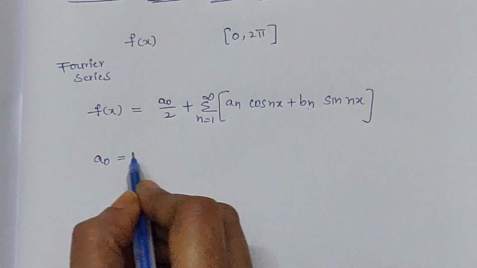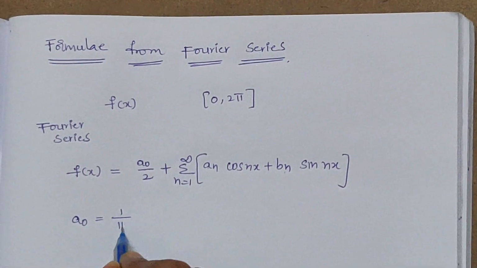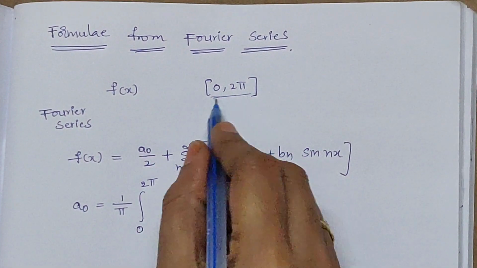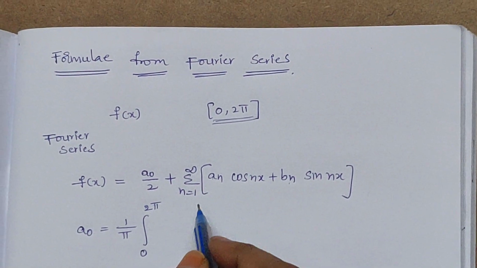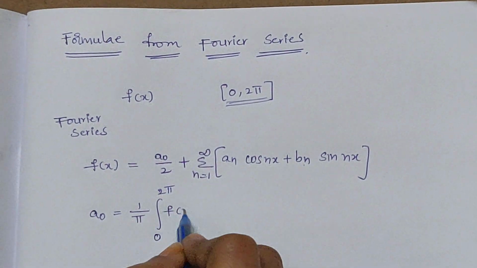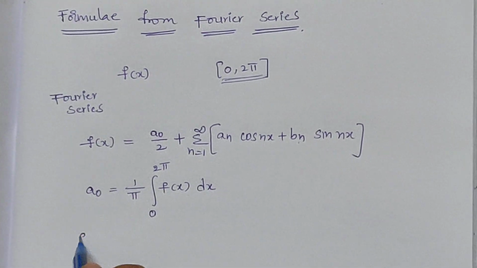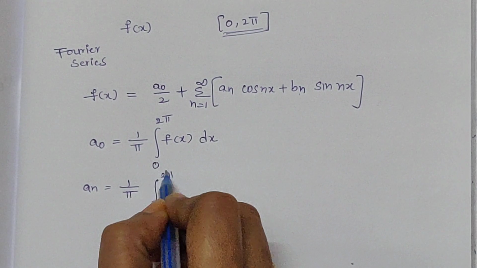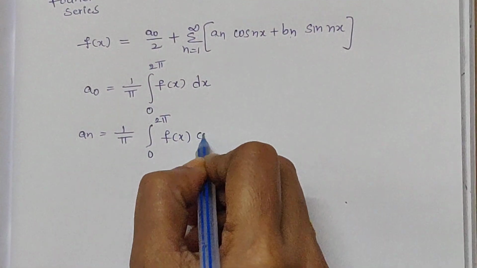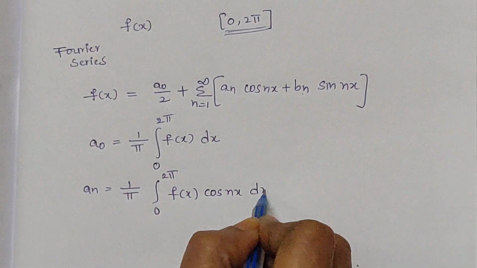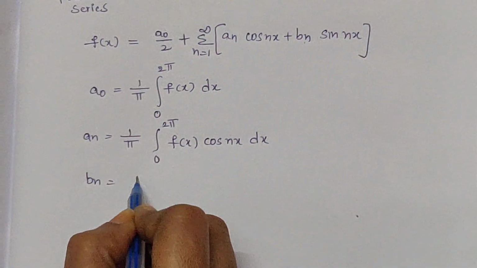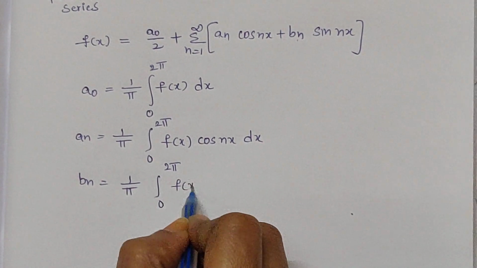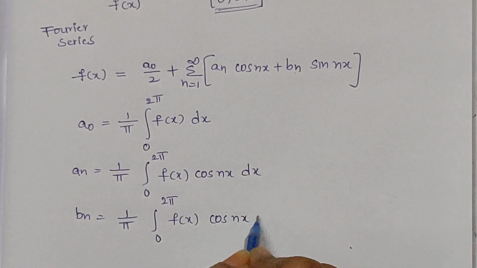The formulas are: a0 equal to 1 by pi, integral limits from 0 to 2 pi since the function is defined in the interval 0, 2 pi, f of x dx. an equal to 1 by pi, integral 0 to 2 pi f of x cos nx dx. bn equal to 1 by pi, integral 0 to 2 pi f of x sin nx dx.